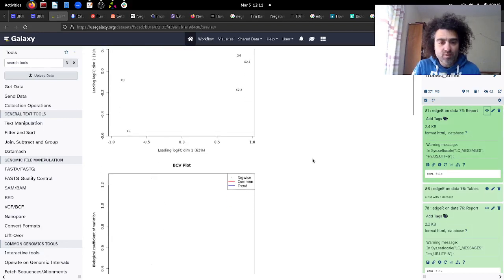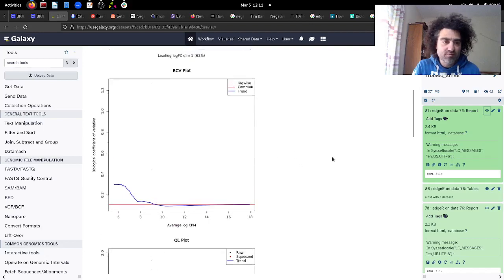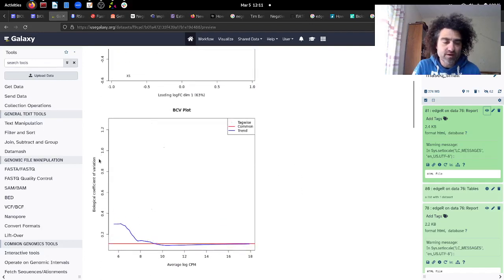So regarding the report, let's see first the biological coefficient of variation, which means how much variation EdgeR detects within each of the 2 groups as a function of the expression level of the genes.